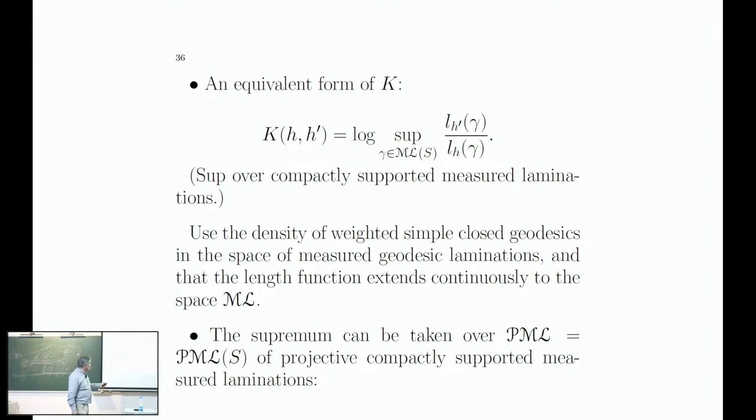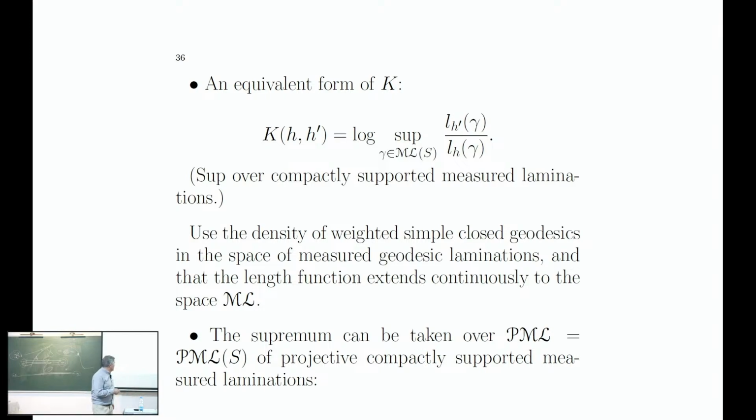This follows from these two things. And then the third thing is that I can replace the space of measured geodesic laminations by the projective measured geodesic laminations, that is, measured geodesic laminations defined up to a constant, because the same constant will appear here, and it cancels.